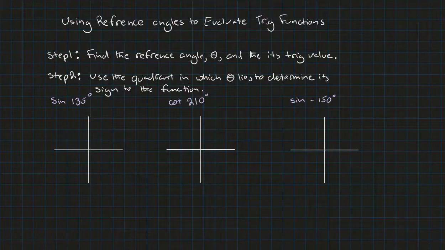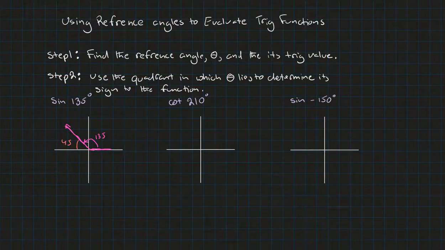So 135 is going to be sitting over here in the second quadrant. So this is 135. By doing the math, this tells me that this is 45 degrees. And now how does that help me?